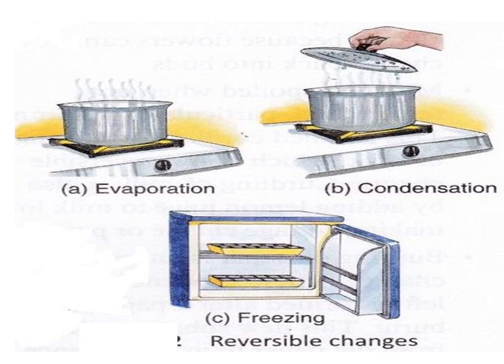These are all reversible processes. If you capture all the steam that is made when a kettle boils, you could turn it back into water by cooling it. Some other examples of reversible changes are folding a paper and blowing a balloon.